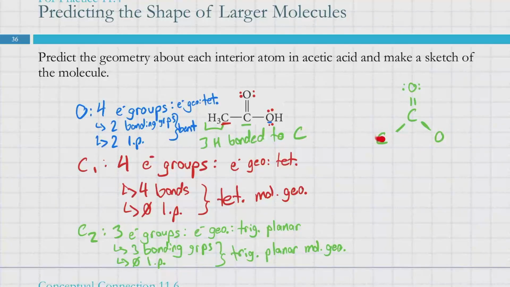And then for our oxygen and our carbons, we have to think about tetrahedral electron geometry. And we're looking for about 109.5 degree angles, so slightly smaller angles. Maybe that's a little bit smaller.